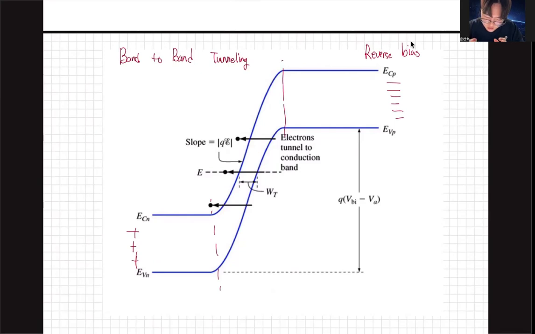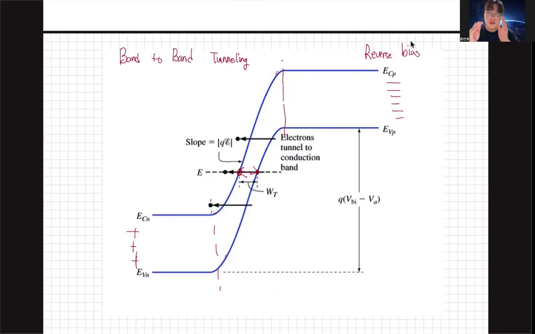The slope in the depletion area will go upward exponentially like this, and at this point the slope is exponentially very high. The gap between this and this will be closer.